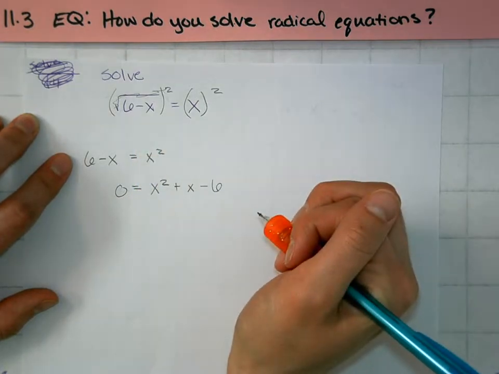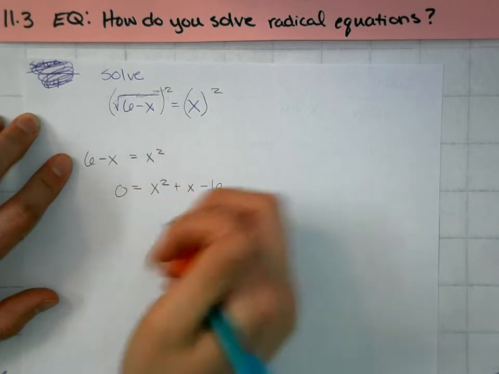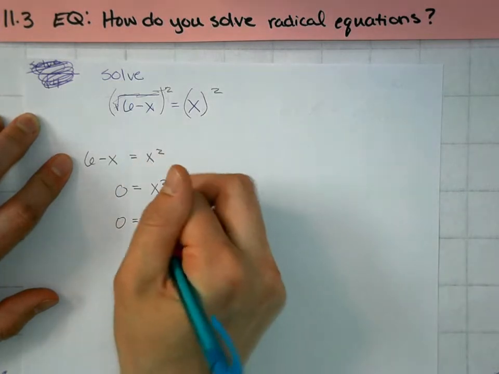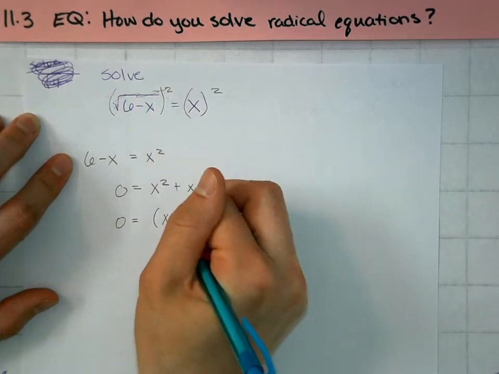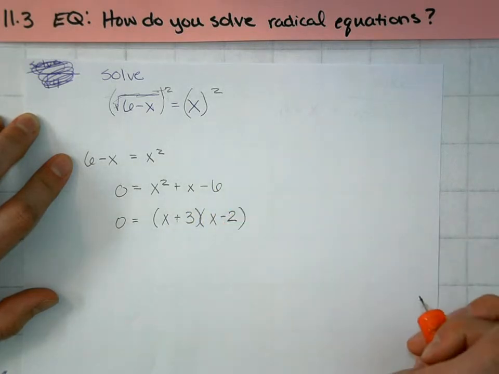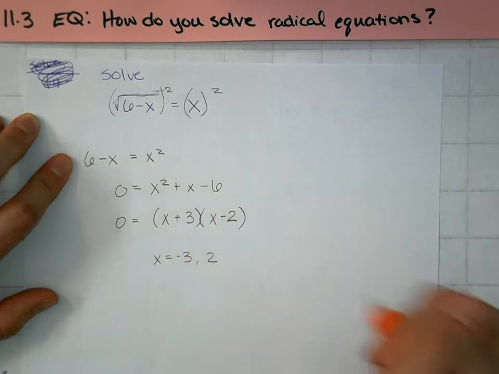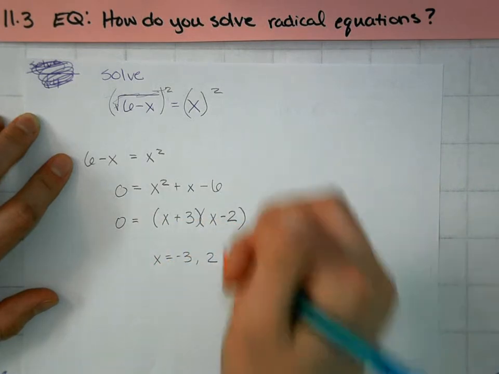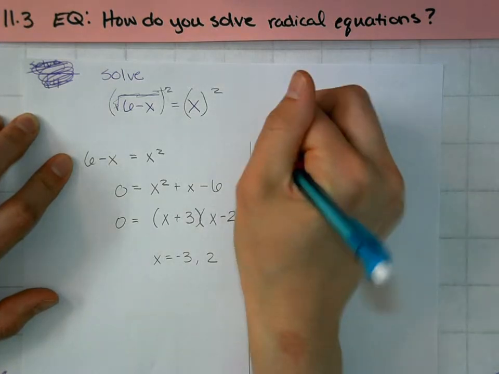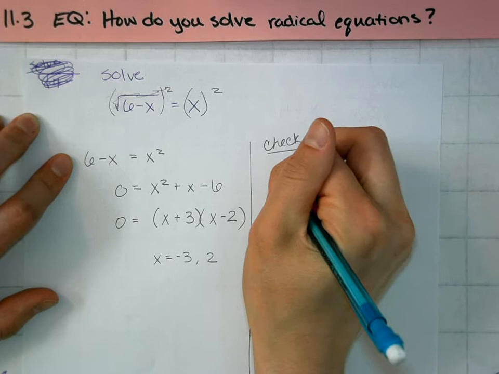From here, you can factor this equation. And then solve each factor. And don't forget to check both answers into the original equation.